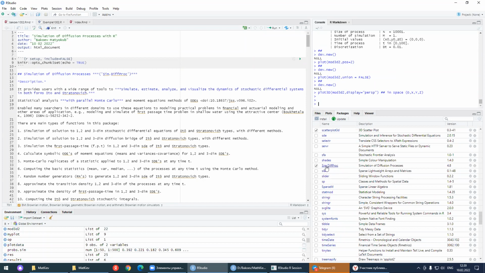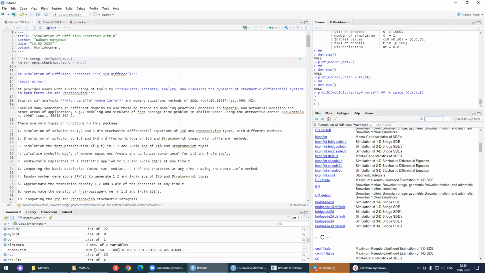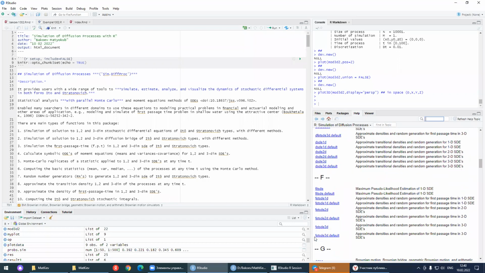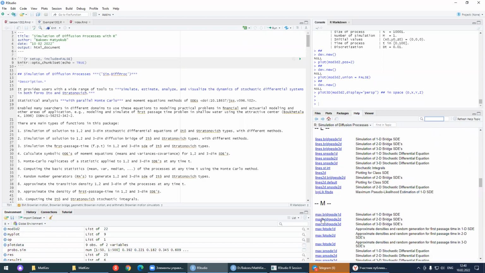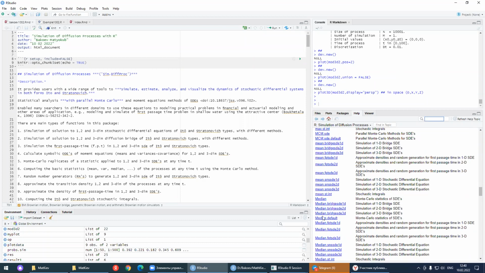We have a lot of functions, and if you go here you can see them. We discuss only some of these functions: BM, bridge, stochastic differential equation, etc. Using this package, you can simulate or estimate an option price, or use stochastic differential equations to solve some physical, financial or economic problems.